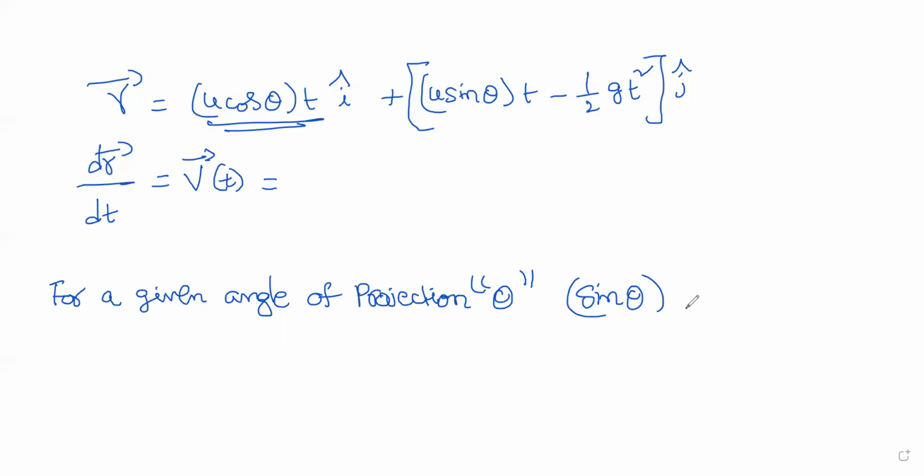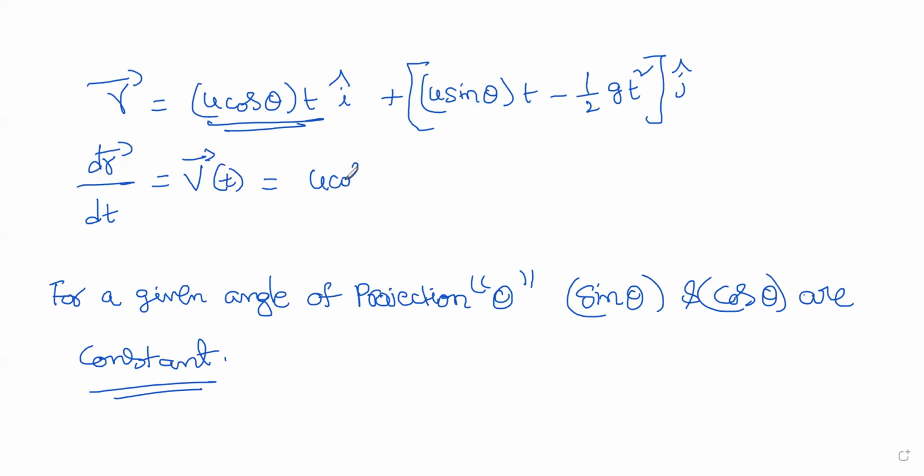So the velocity of the projectile at any time t is given by u cos theta times i cap, plus, when you differentiate this, u sine theta minus gt times j cap.